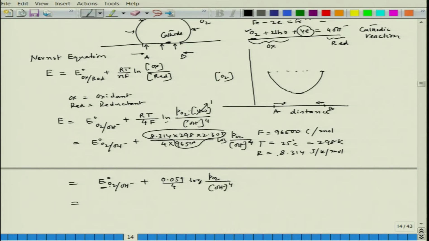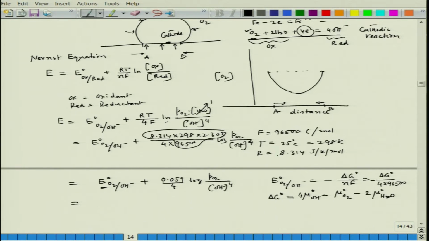So this value I can find out, it would be minus delta G naught by nF, that is 4 into 96500, and delta G naught would be mu naught of OH minus, minus mu naught, the standard chemical potential of O2, minus 2 mu naught of H2O.